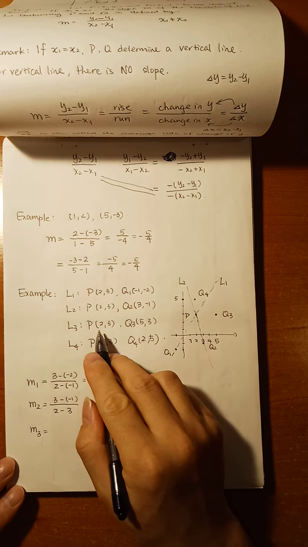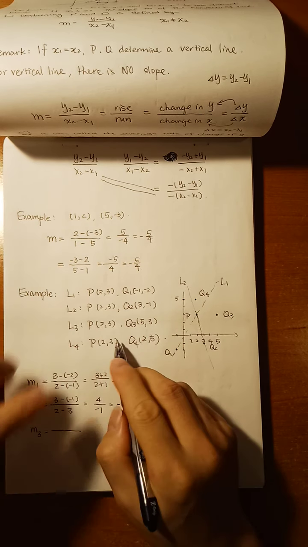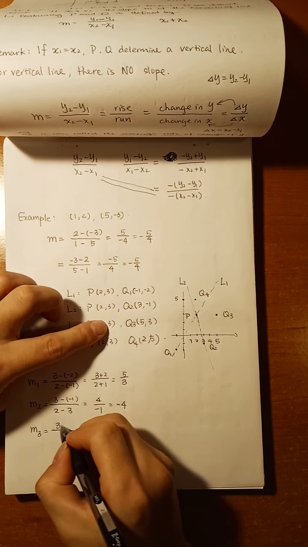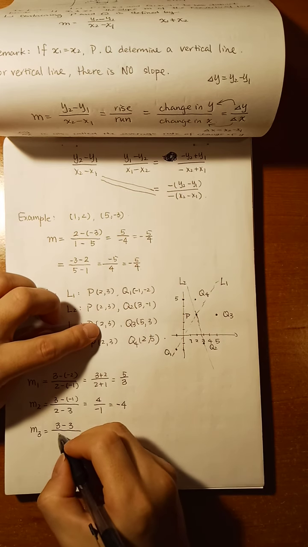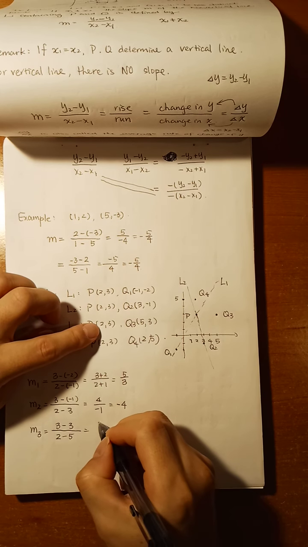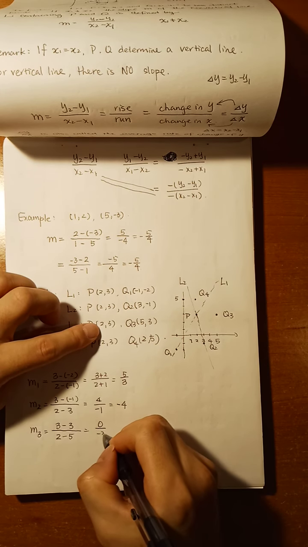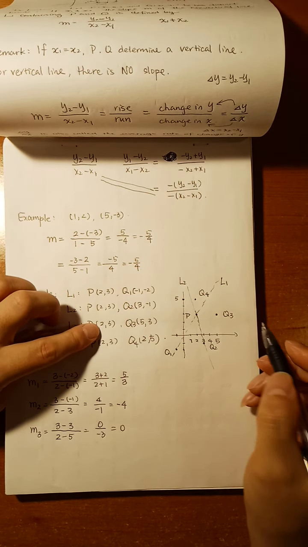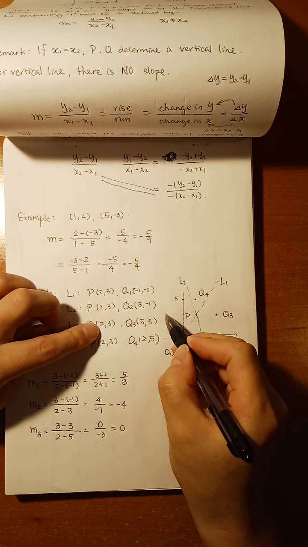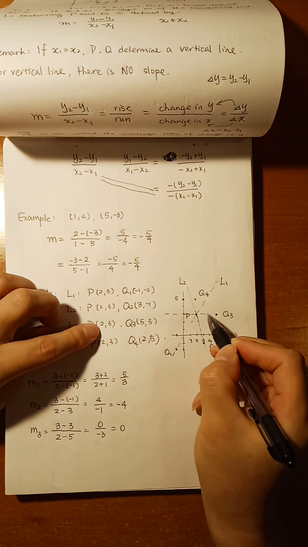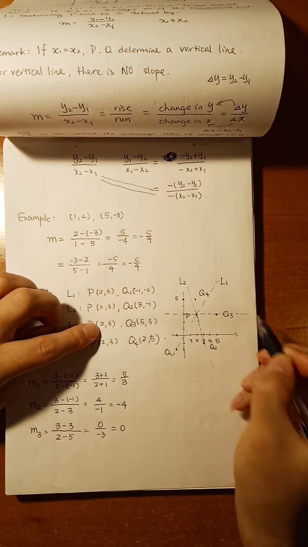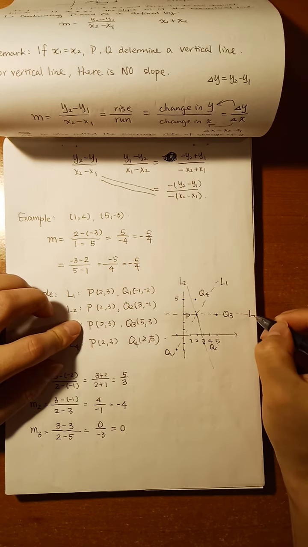M3 is y minus y, 3 minus 3, over x minus x, 2 minus 5. 3 minus 3 is 0, 2 minus 5 is negative 3. 0 over 3 is 0. So the slope is 0. This is L3.